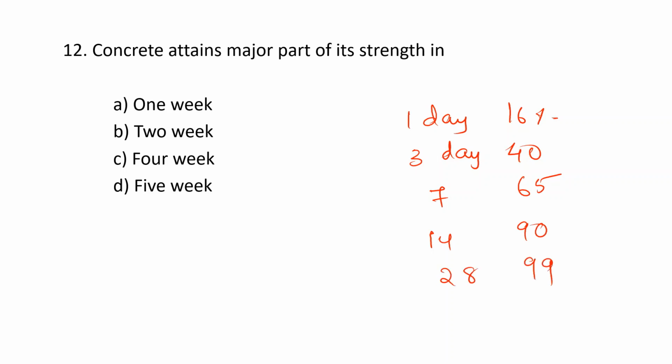They asked about the major part of its strength. From the table it is very clear that within 7 days it will attain more than 50% strength. That is, major part of its strength will be attained in 1 week. In 7 days it will attain 65%. So our answer is 1 week.